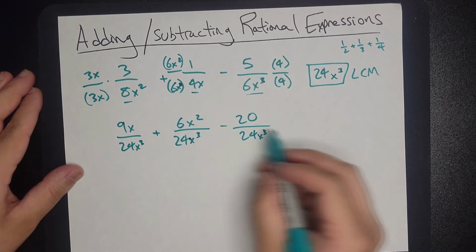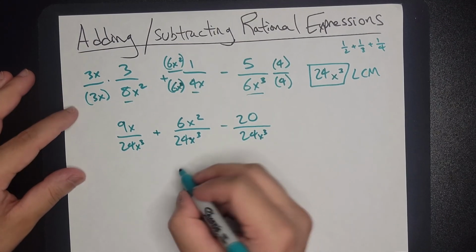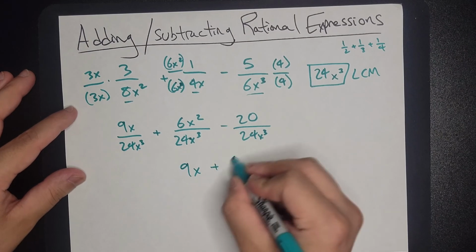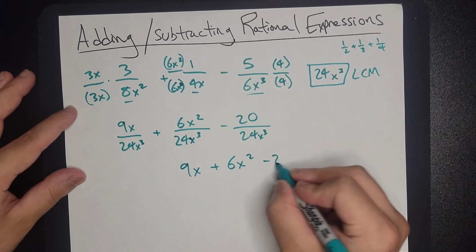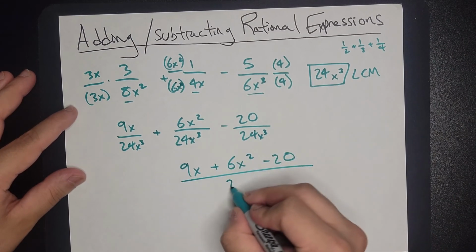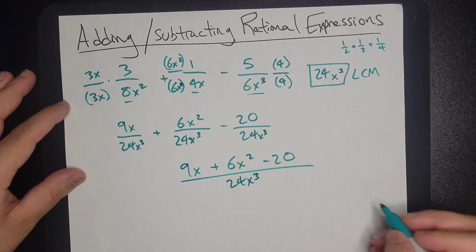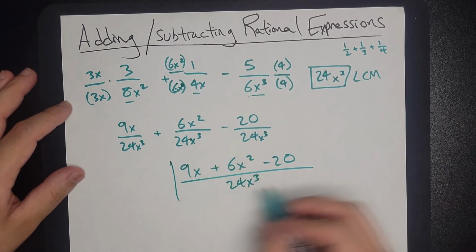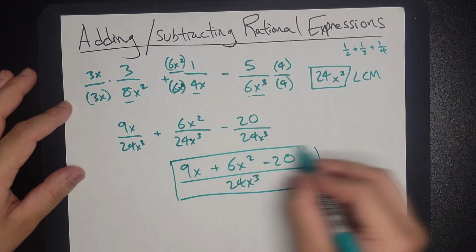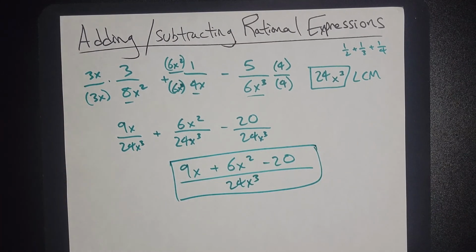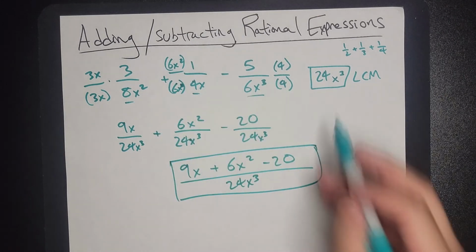And now I can put all of them over the same denominator. And there you go. That was much simpler than this original problem looked.